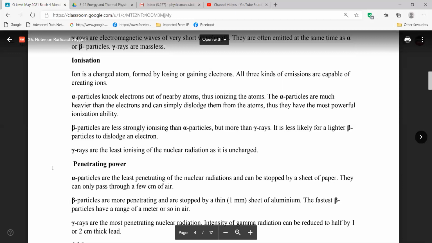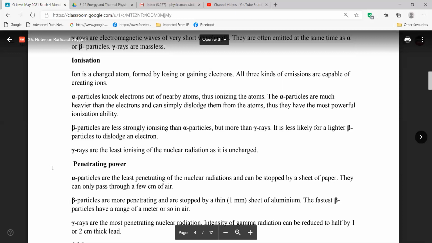So this way, the electrons are very light things, right? And if the alpha particles touch or go very close to the electrons, then the electrons can be easily dislodged from the atoms, right?